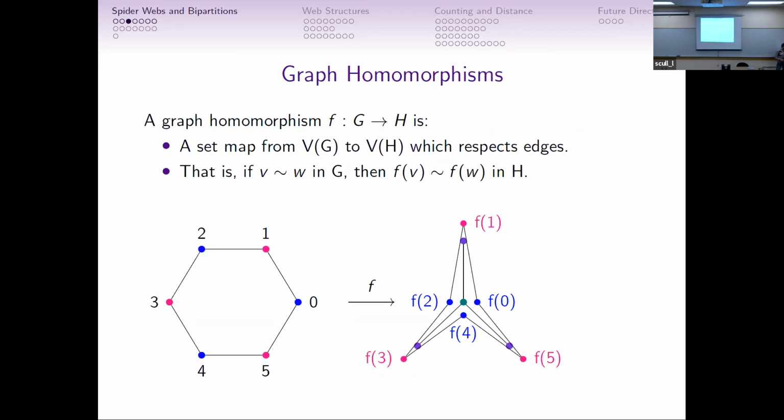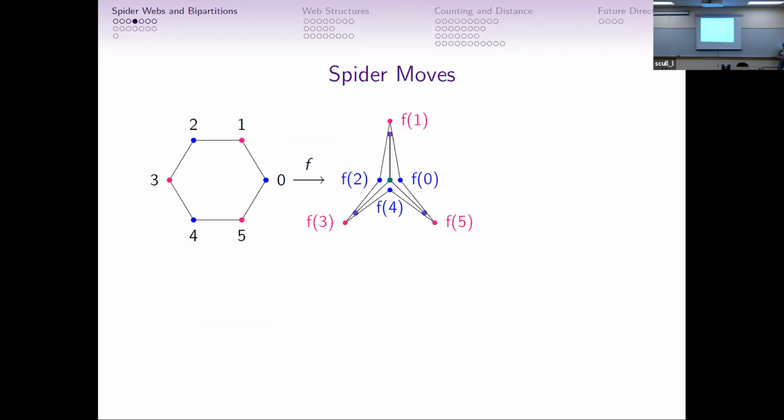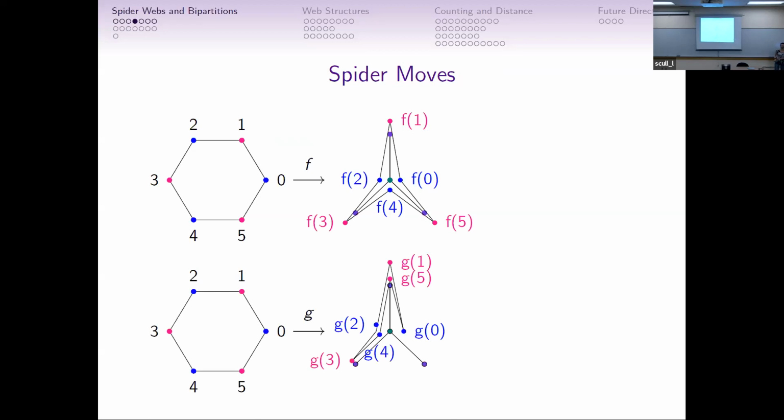So if I want to do a spider move, what I'm going to do is change the image of one vertex. So I'm going to take the image of 5, and I'm going to snuggle it up there with the image of 1. And we just have to make sure that this is still a graph homomorphism for it to actually be a spider move.